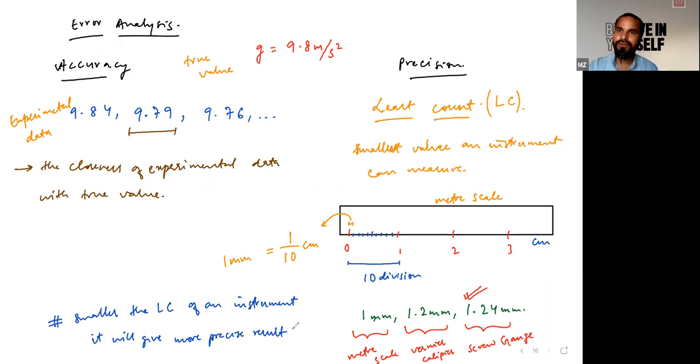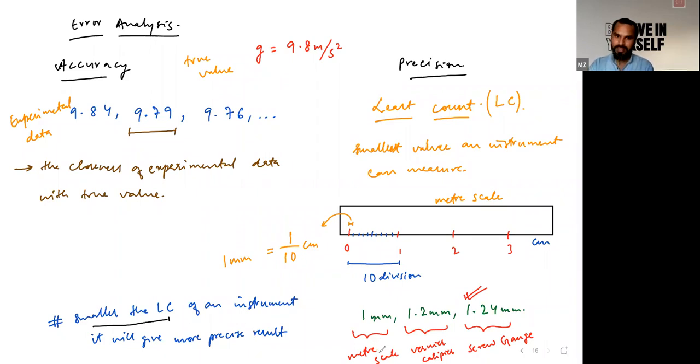Any doubt to any one of you in these two topics? No. No, Muhammad Umar. Smaller the value of the least count. I have just defined. Smaller the value of the least count, it will give you more precise result.